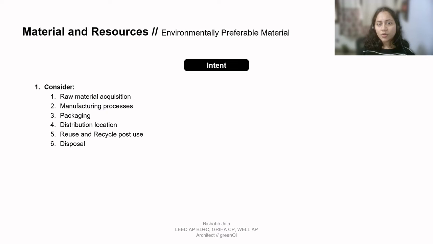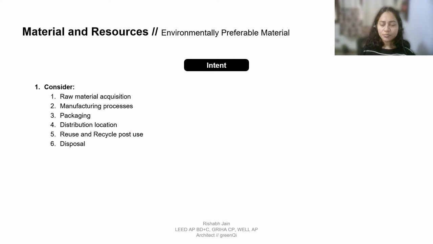When we talk about environmentally preferred material, what is it that we should be considering? Because it could be environmentally preferred for a number of different reasons. The first thing we should consider is raw material acquisition. What is the raw material that goes into the material? Is that material renewable? Is that material environment friendly? And then the manufacturing process.